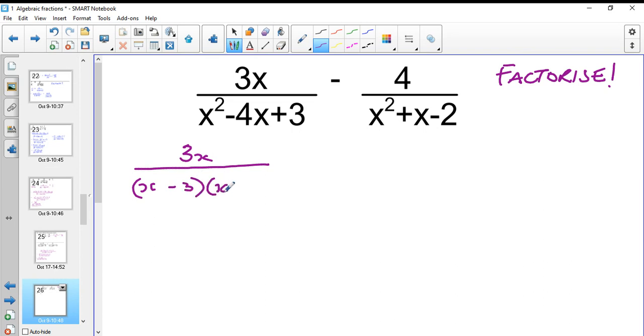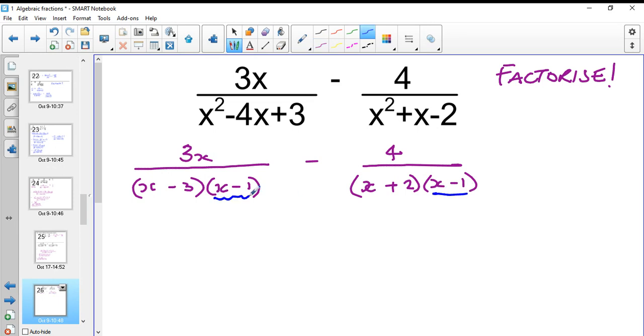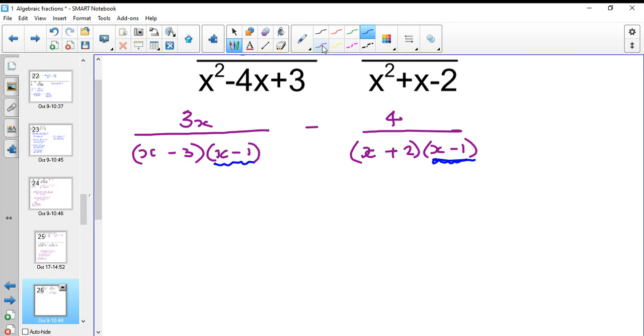So x minus 3, x minus 1, subtract 4 over x plus 2, x minus 1. You can see we have got an x minus 1 in common, which means for our lowest common denominator we need one x minus 1, an x minus 3, and an x plus 2.